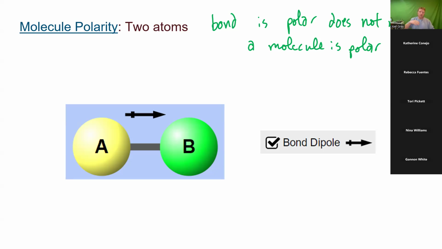Now, we can use electronegativity to indicate if a bond is polar, but that doesn't necessarily mean that our molecule is polar. Now, in this figure right here, add to the chat, which one of these elements, A or B, if we've got this representing our polarity, which one of them is more electronegative?